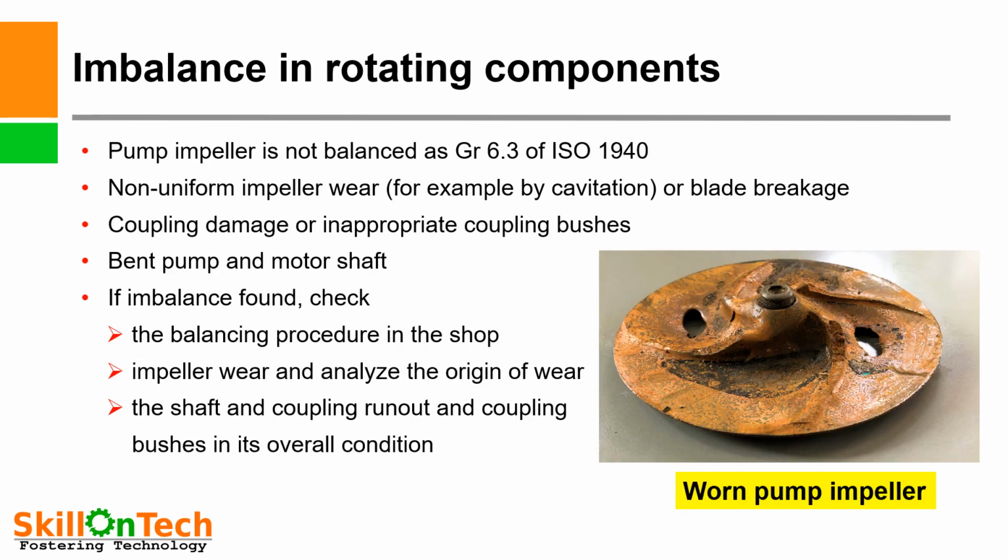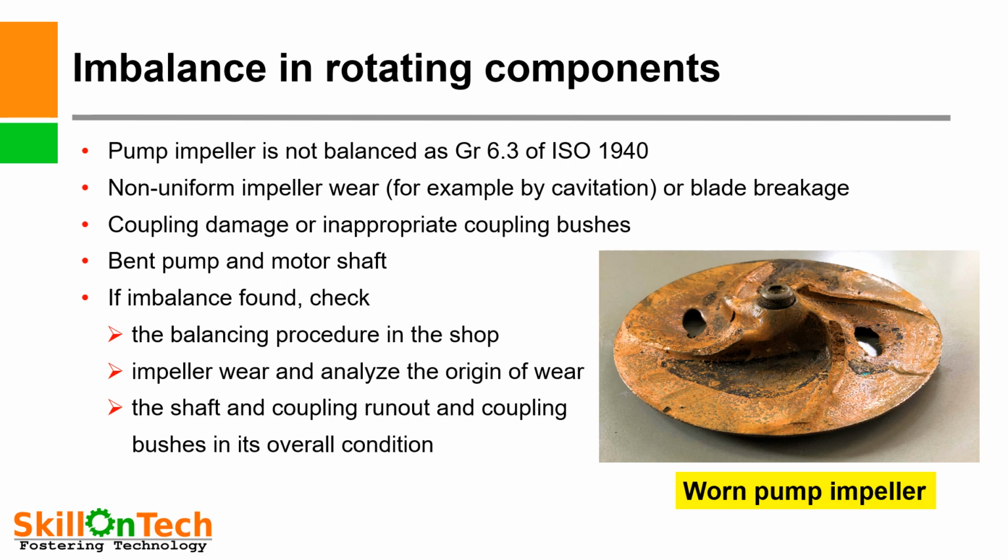Imbalance in rotating components. You can see a picture of a worn out pump impeller. This picture shows that this impeller is worn out because of cavitation. What are the imbalance reasons in rotating components?